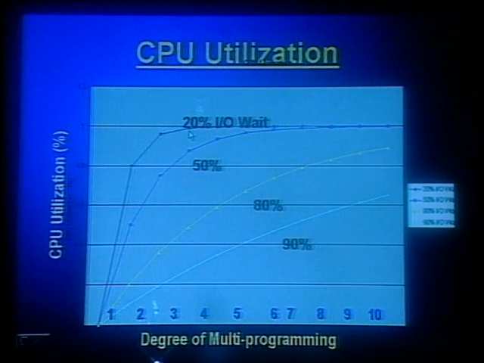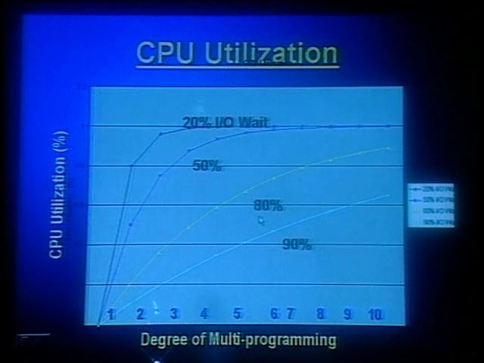If we have 20% I/O wait with a smaller number of programs, we can achieve a higher degree of CPU utilization, so much so we can reach up to 100% CPU utilization. If our I/O wait increases to 50%, we need more processes to be present in the memory.